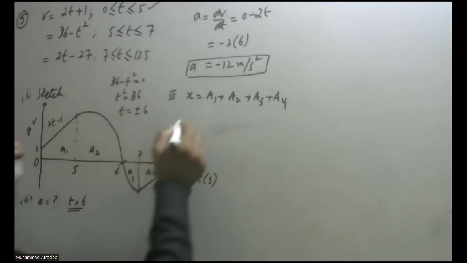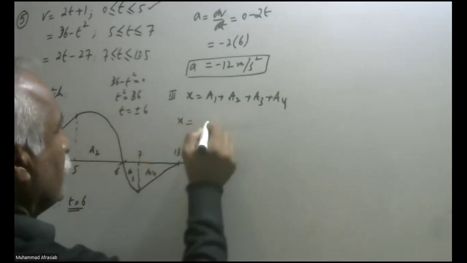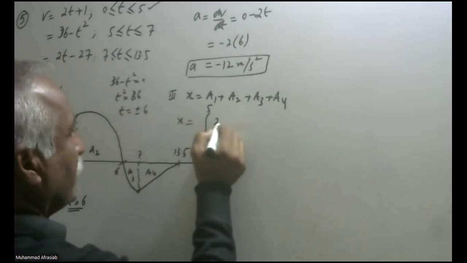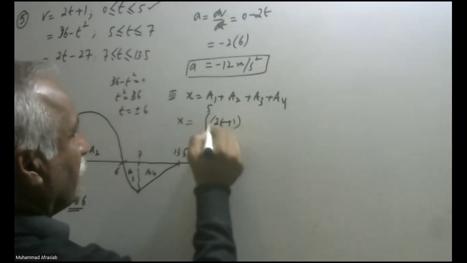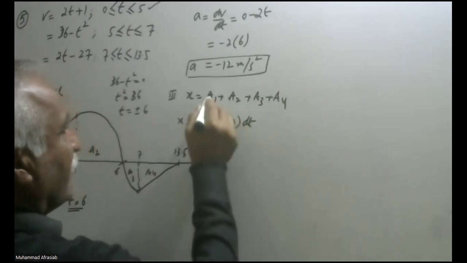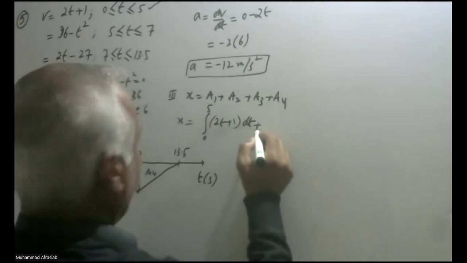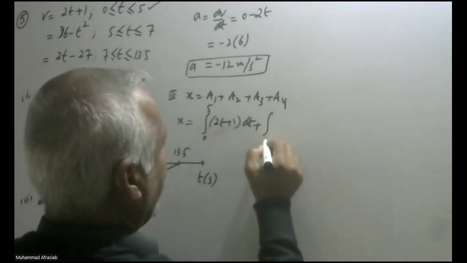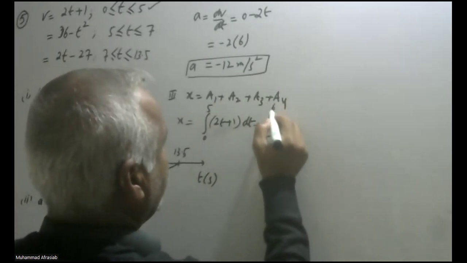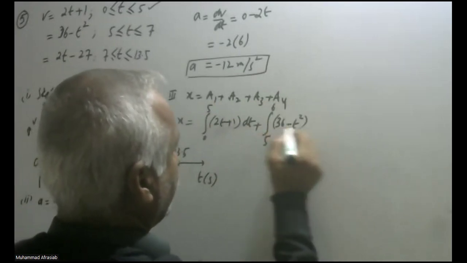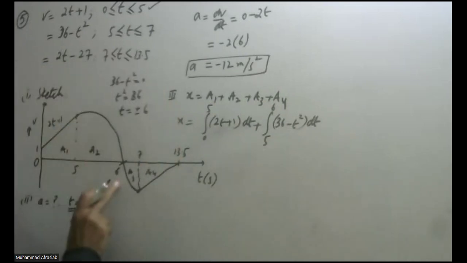So this value will be the integral from 0 to 5 of 2t plus 1 dt, that is A1. Then A2, which is from 5 to 6, of 36 minus t squared dt.